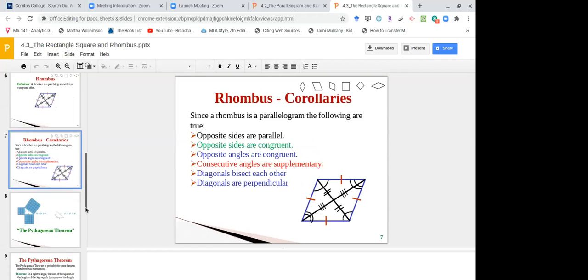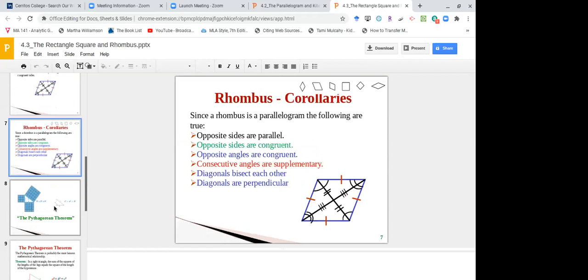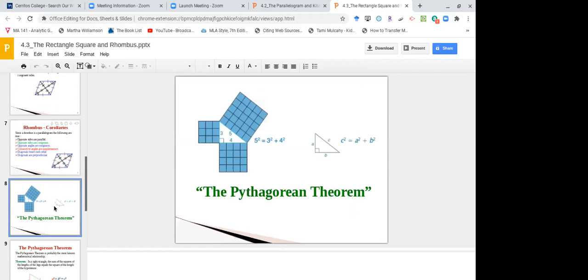And this is an interesting thing that you probably never thought about, but we have the Pythagorean theorem at the end of this. And the reason that it's here is we put a bunch of squares on the sides of a triangle to show you how the Pythagorean theorem is derived.